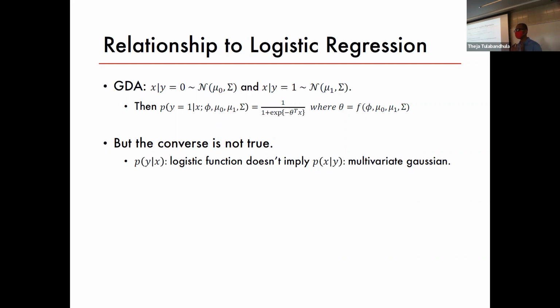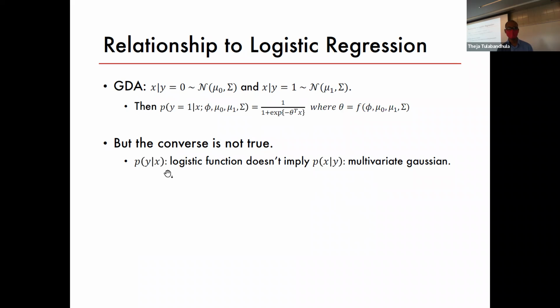The Gaussian assumption leads to this expression, but just assuming this expression doesn't mean you're making a Gaussian assumption on the probability of features given class. So p of y given x being a logistic function doesn't imply that x given y is a multivariate Gaussian. It could be others, because we're not saying anything about the distribution of x at all.